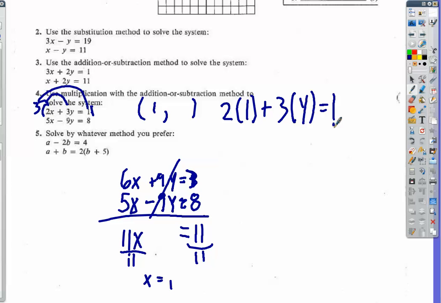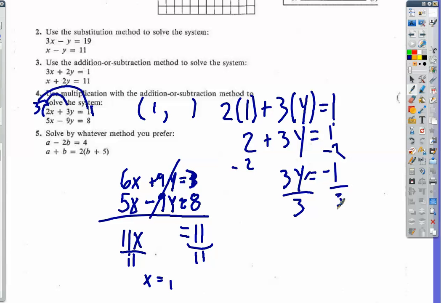So we have 2 plus 3y is equal to 1, minus 2 minus 2. So 3y is equal to negative 1. So then I divide both sides by 3. So y is equal to negative 1/3. So they cross at 1 comma negative 1/3.